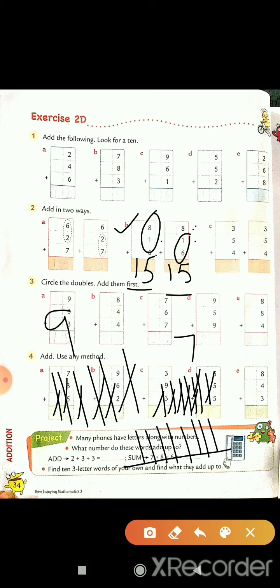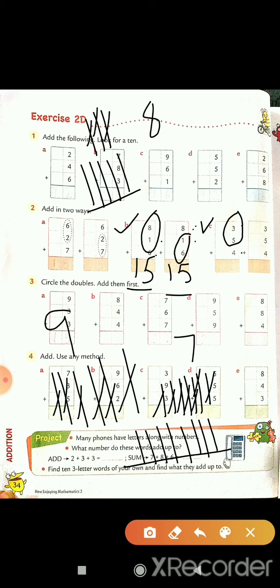Got it, students? Next, 3, 5, 4. First, we will add 3 and 5 together. 1, 2, 3, 1, 2, 3, 4 and 5. 5 is the bigger number. What comes after 5? 6, 7, 8.